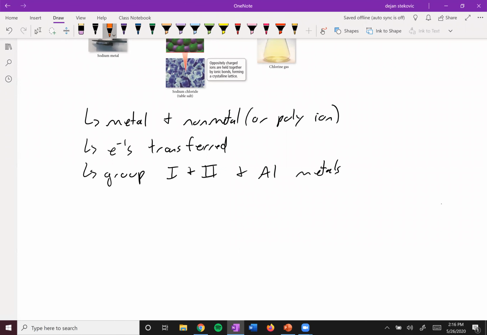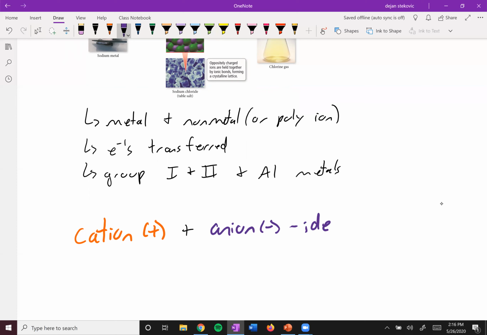So the way these things are named, first comes the name of the cation, which is the positively charged component of the compound, so the metal. And then after that, you name the anion, except on the anion, you add the ending "ide" instead.